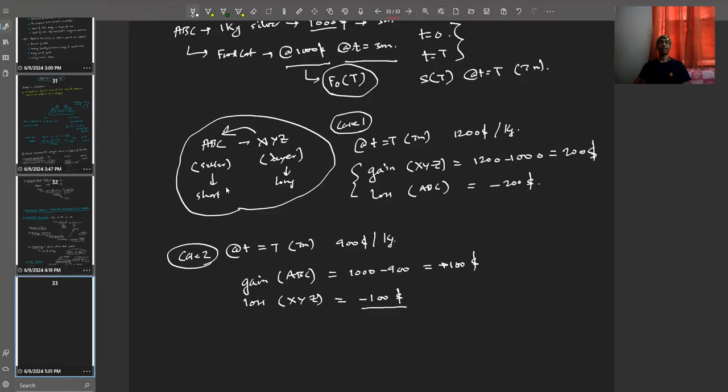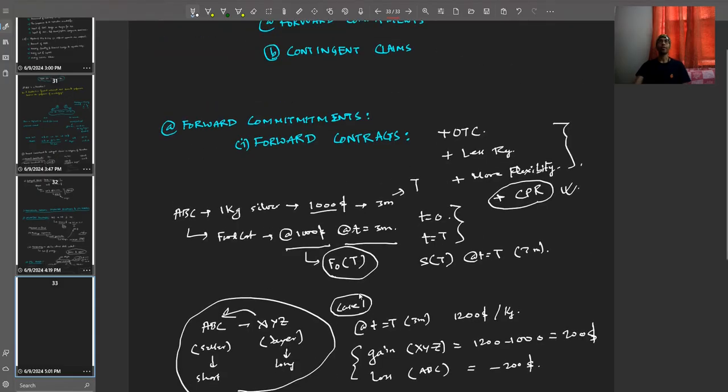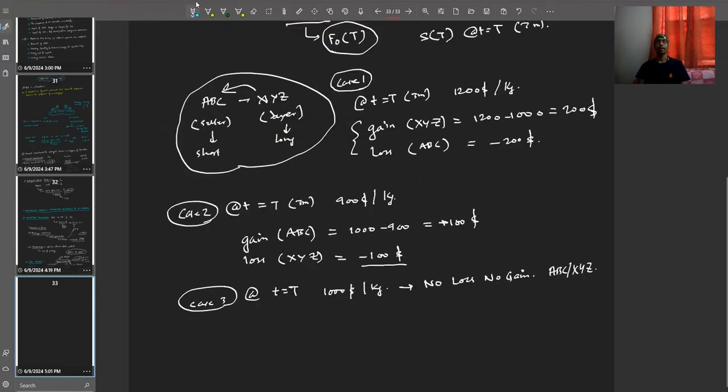Case 3 is at T equal to capital T, the price remains at $1,000 per kg. In that case, no loss, no gain for either ABC or XYZ. Now from these case studies, you can derive a generalized formula for forward contracts.